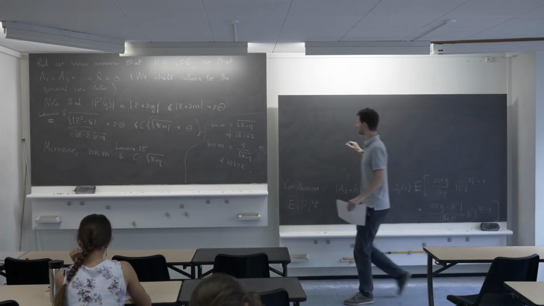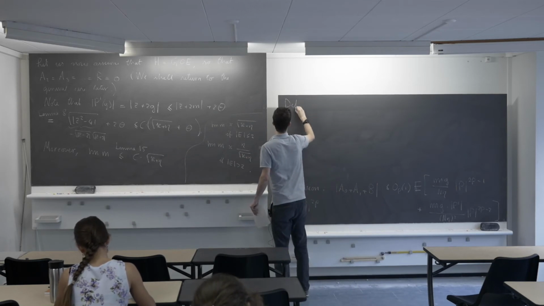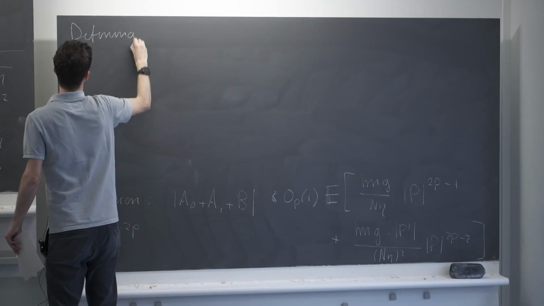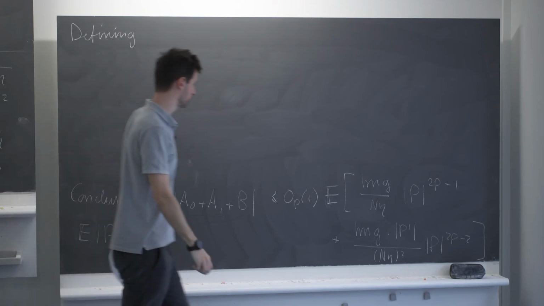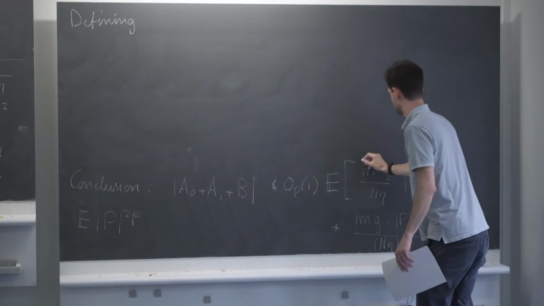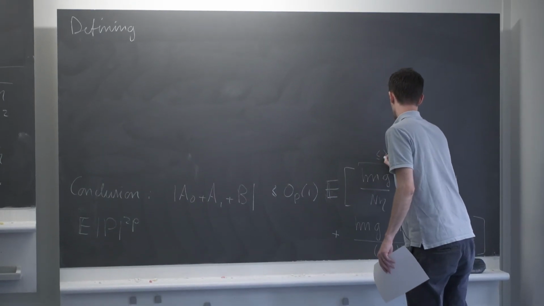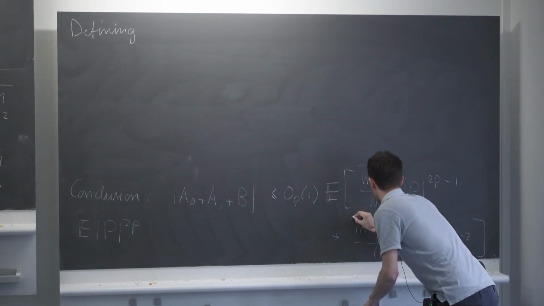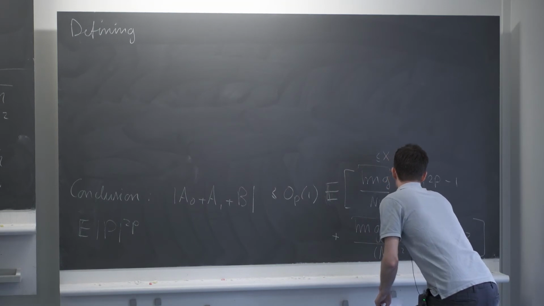So I will define a random variable x in such a way that this guy is bounded by x, and this guy here is bounded by x squared.